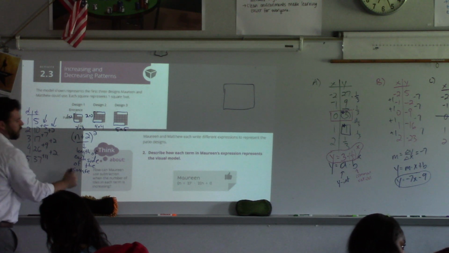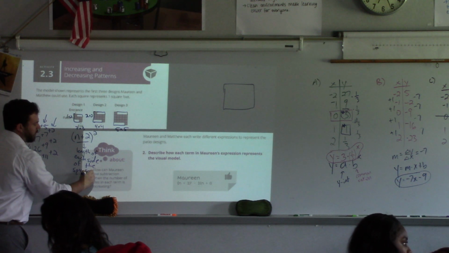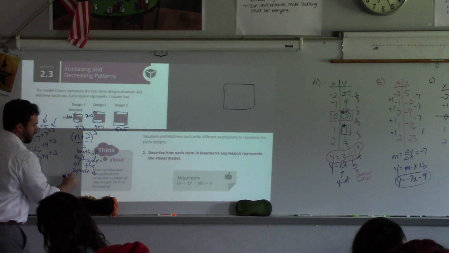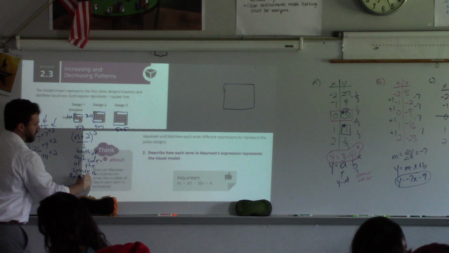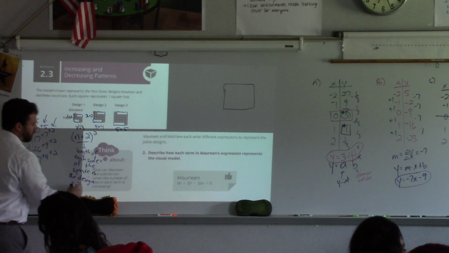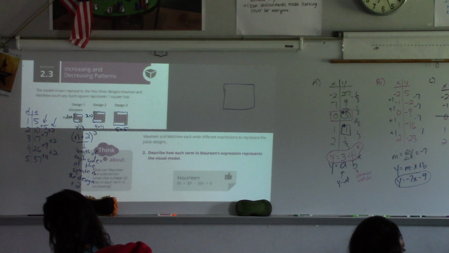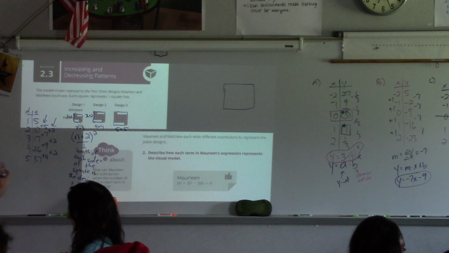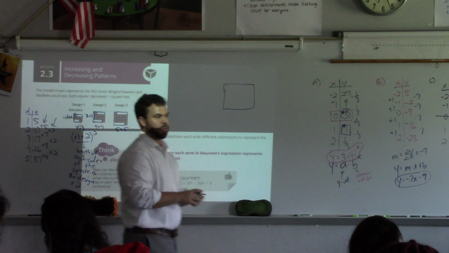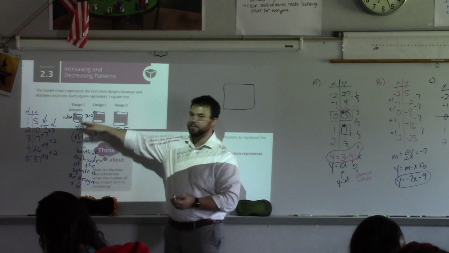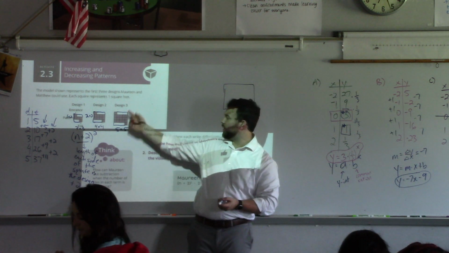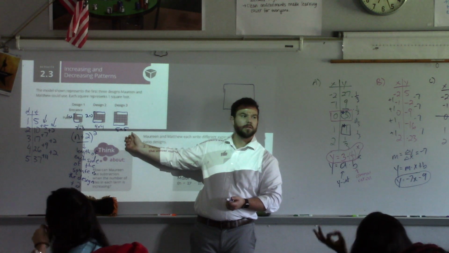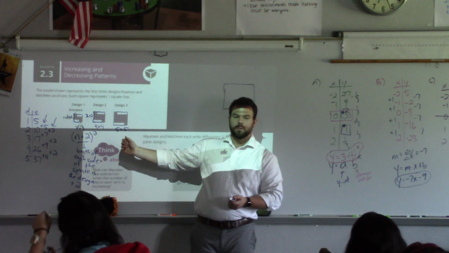Length of each side of the square is the design n plus 2, right? The length of each side of the square is the design plus 2. So design 1, the length of the square was 3. Design 3, the length of each side of the square is 5. Right?